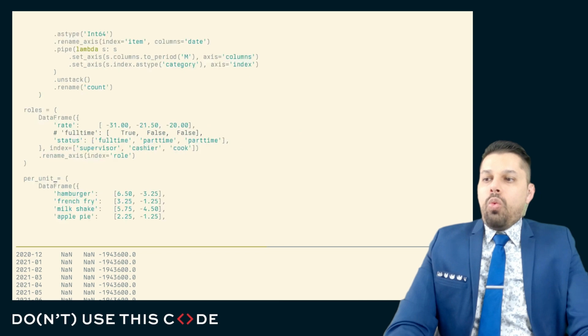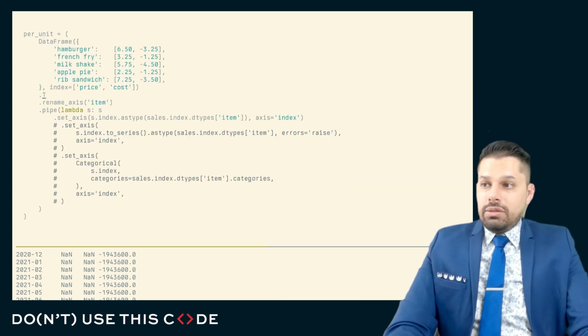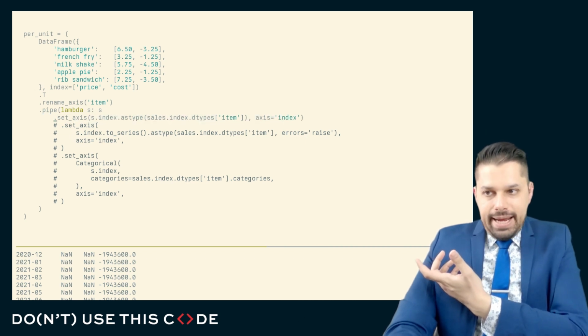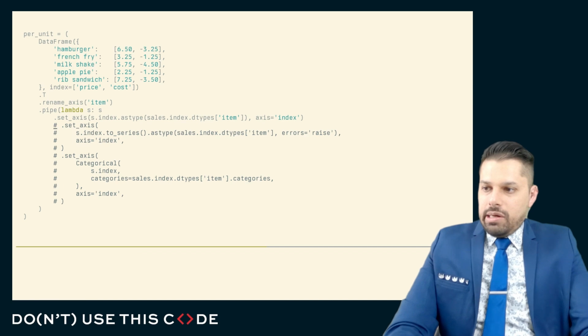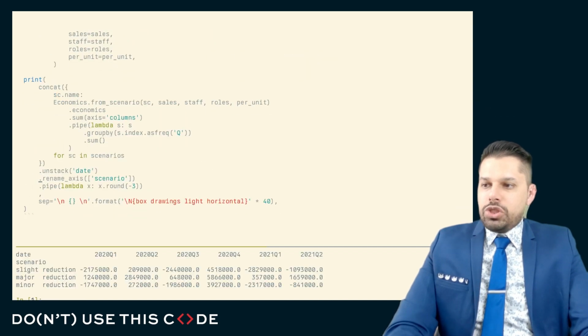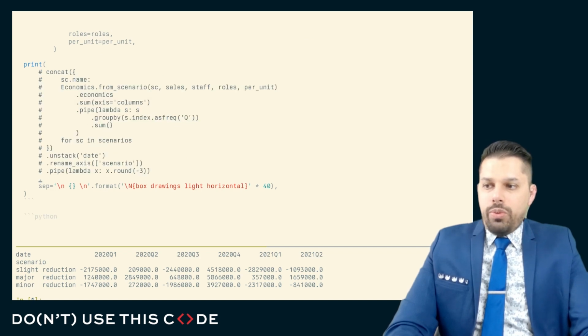And when we take in some data of another format, for example, this hard-coded data, we'll make sure to convert this index to the exact same categorical values. And so here, if we do that, let's take a look not at the overall analysis, but just at the per unit analysis, just to see if that worked the way we wanted.